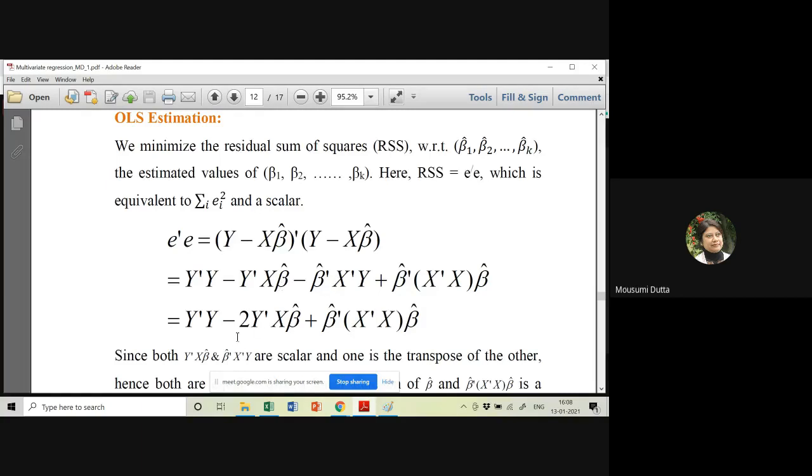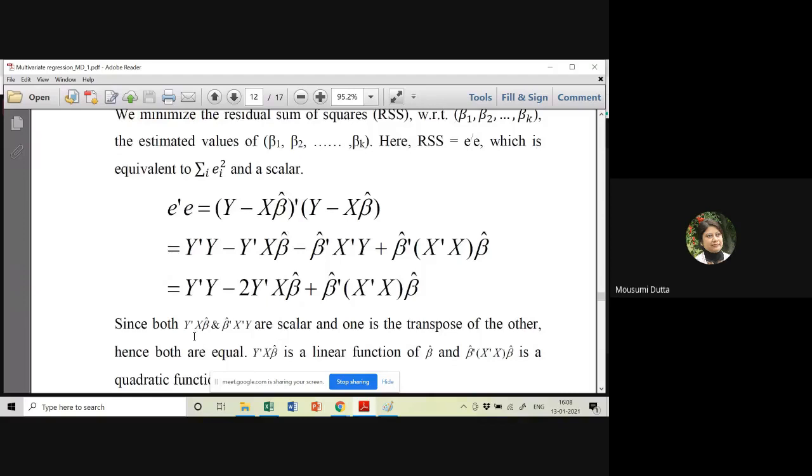So I am presenting these two terms as a single term, minus 2 Y prime X beta hat, and keeping beta hat transpose X prime X beta hat like this. The second and third terms get the same value, so I'm combining these two.